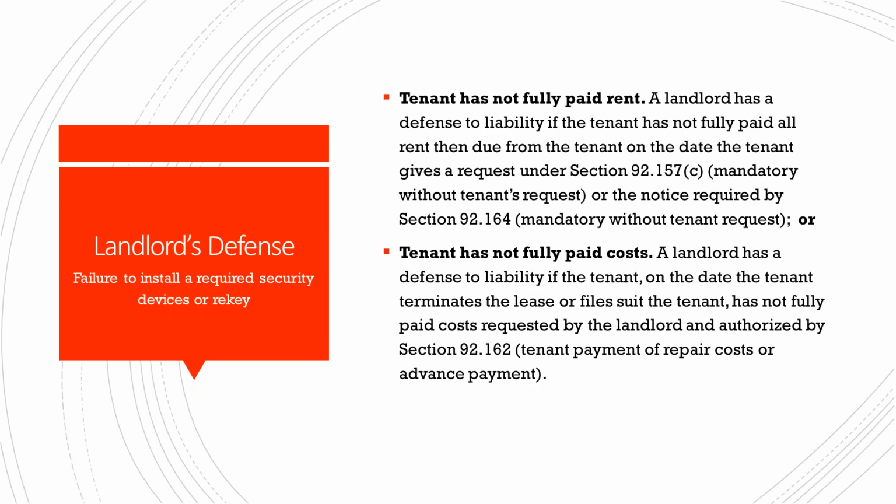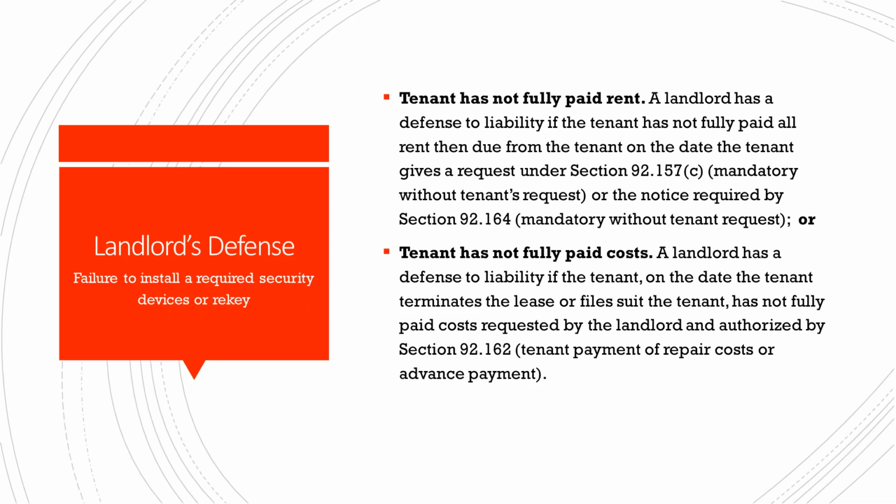Now, what about a defense for the landlord? Well, one of the defenses that a landlord could use if they fail to install a required security device or rekey as required by the Property Code could be if the tenant has not fully paid rent.